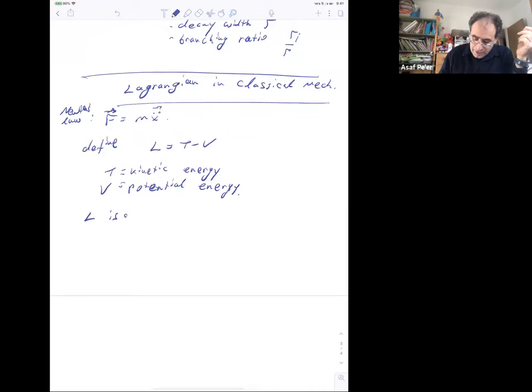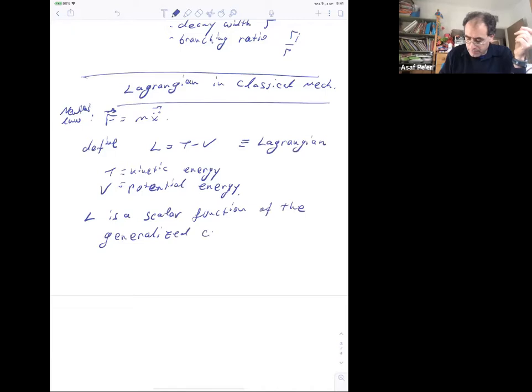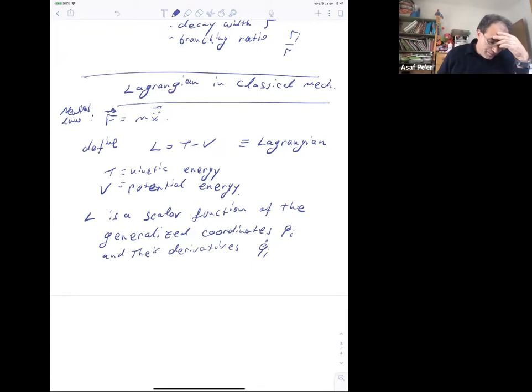L is a scalar function of the generalized coordinates q_i and their derivatives q dot i, right? Now I explicitly assume that there is no time dependence in the Lagrangian.